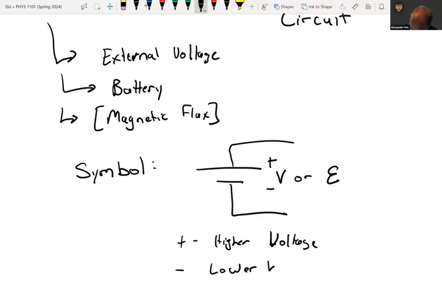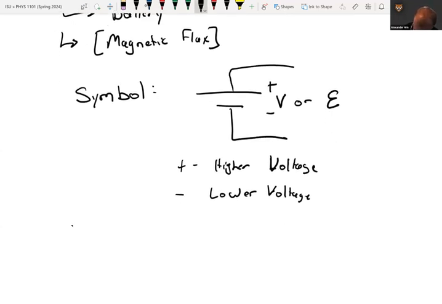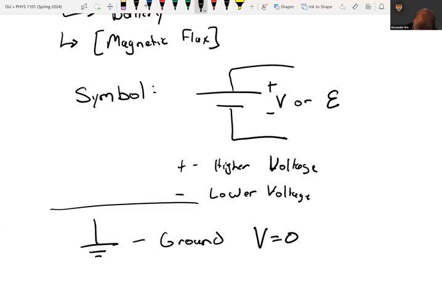Now, another thing that you will occasionally see in circuits is another idea that I want to talk about, and that is this symbol. It's 3 lines, each one getting smaller. What this means is ground. And what ground implies is that your voltage at that point is 0.